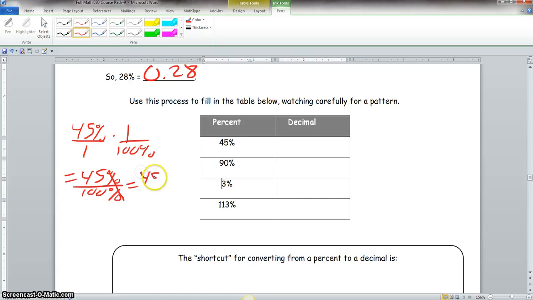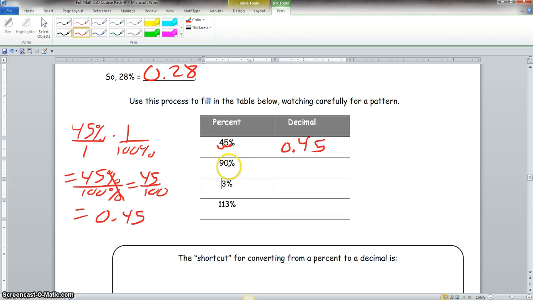And then we have 45 over 100, which we know is 0.45. But isn't this the same as, the decimal is behind this 5, moving the decimal 2 places to the left and just dropping a percent sign? That's basically what we just did here.